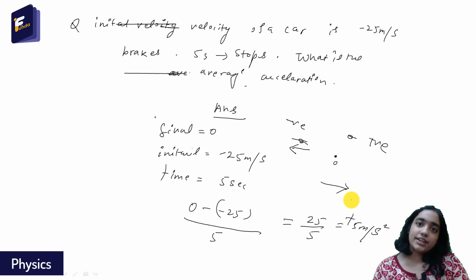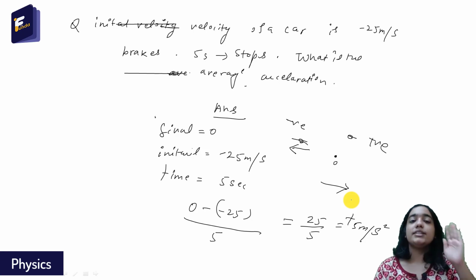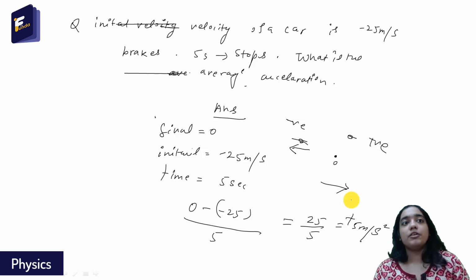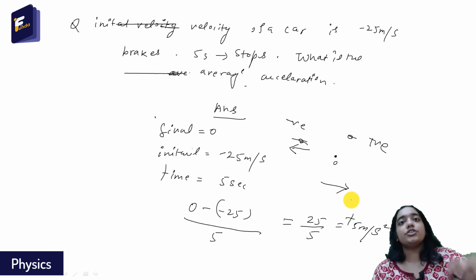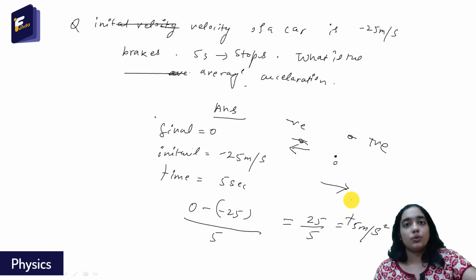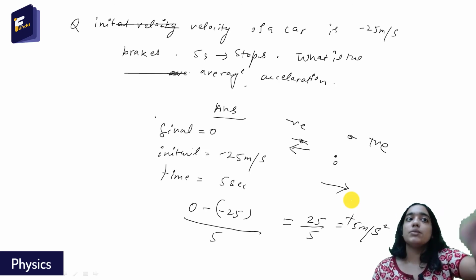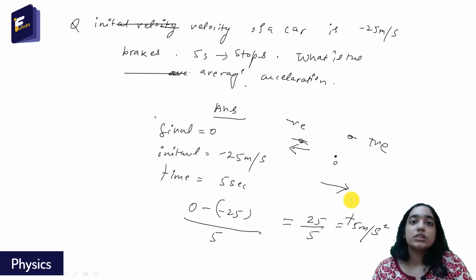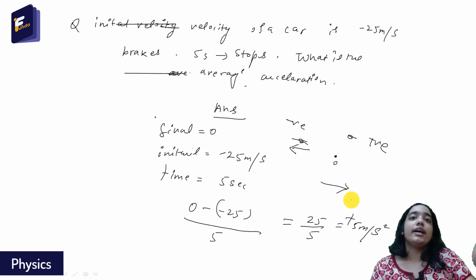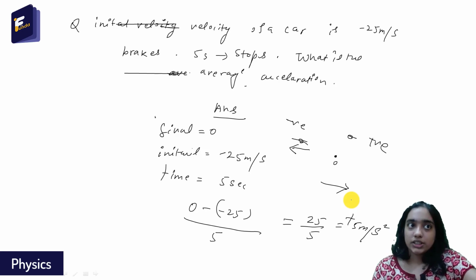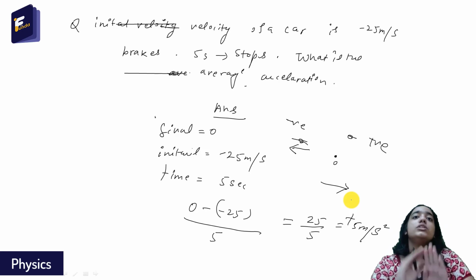This was our misconception, that if acceleration is positive, the speed will increase. No, here the acceleration is positive, but speed is decreasing because velocity and acceleration have opposite directions.